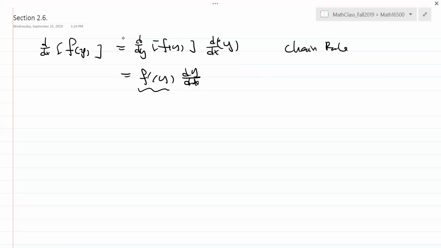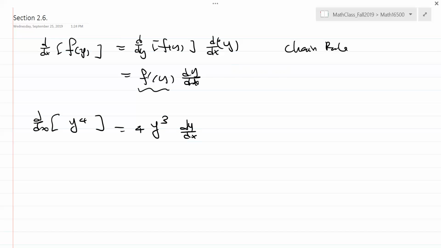Okay. So if we differentiate y to the fourth power, then it's 4 times y to the cube times dy over dx.